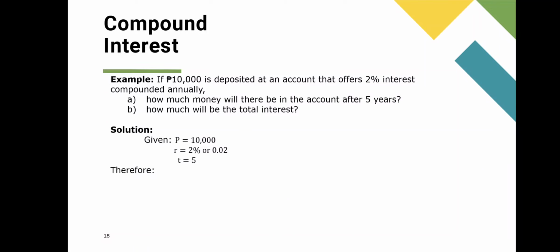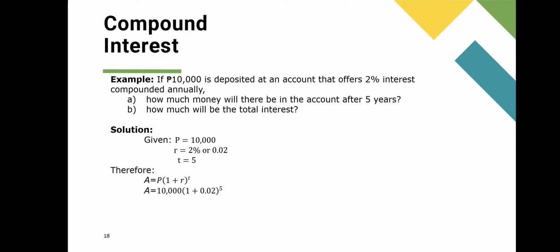So we use the formula A equals P times 1 plus r raised to t. So A is 10,000 times 1 plus 0.02 raised to 5. First, you have to add 1 and 0.02 before you raise that to 5.